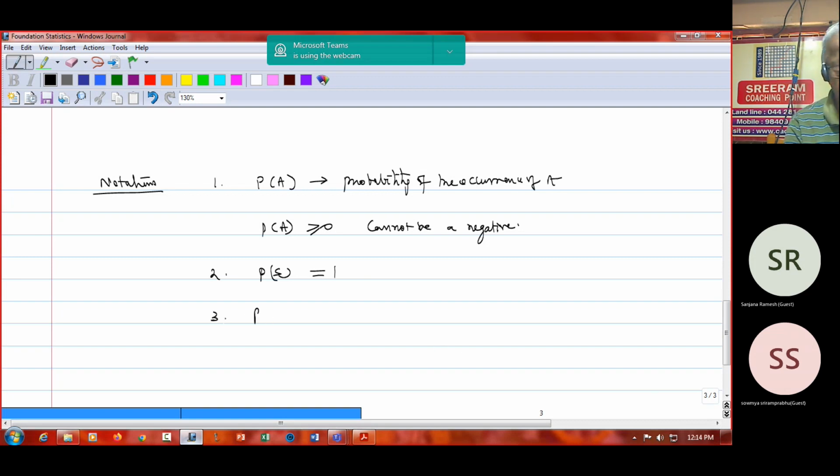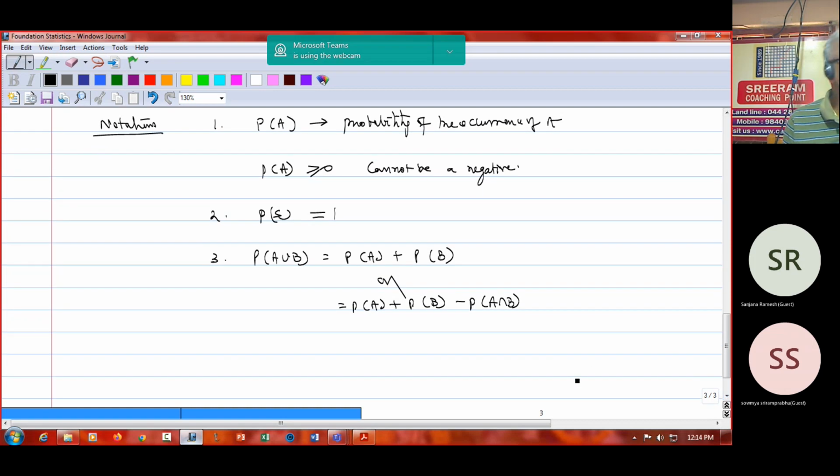Then, correct? Or, correct? The first one and the next are mutually exclusive. That is the reason why I said OR, depending upon the scenario.